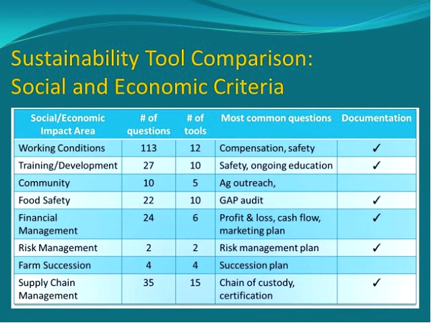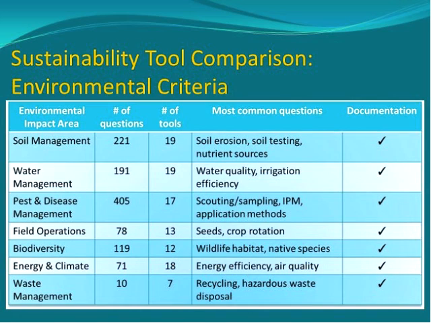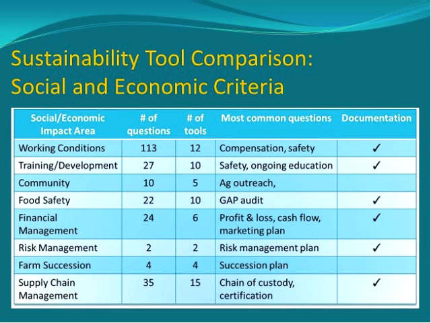And then this chart shows the social and economic criteria that I looked at. And again, you can see if you compare these numbers, the number of questions to the environmental criteria, there are way fewer questions for some of these areas than there are for environmental. And again, I think this is maybe because social and economics are a little less easy to quantify than environmental.